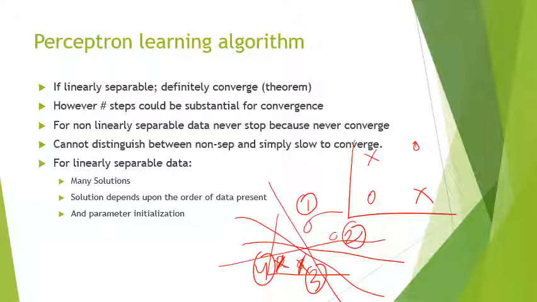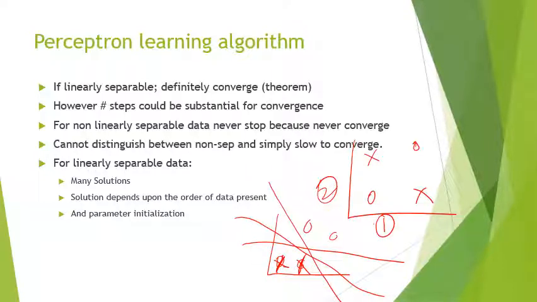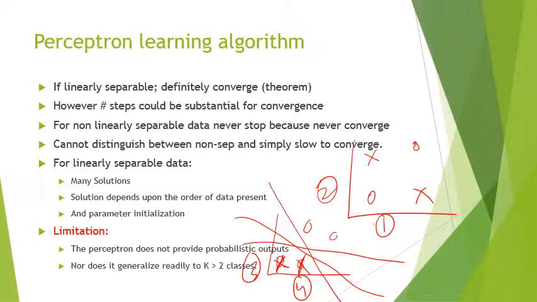And if you start with some other sample, let's say first you take this sample, then this sample, right? Then you may converge into a different hyperplane. Let's say this is the first sample, second sample, third sample, and fourth sample. Then you may converge into a different solution. And it depends on where you started also, that also matters, right?